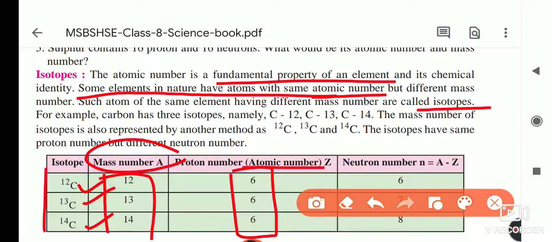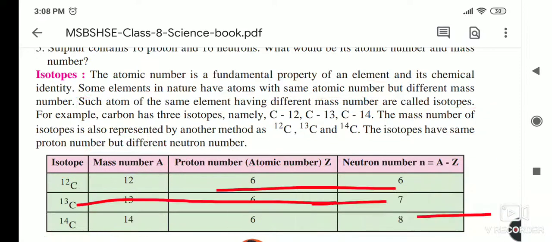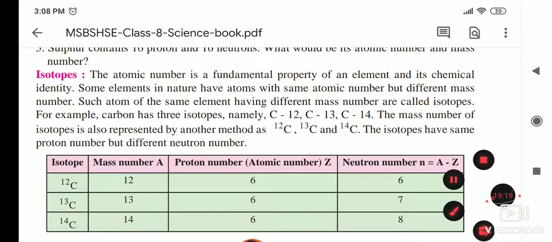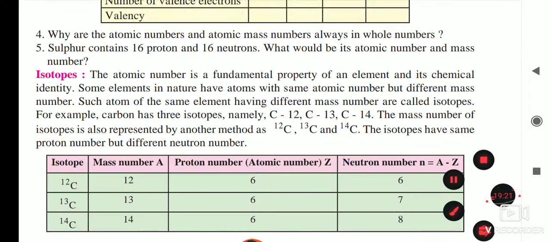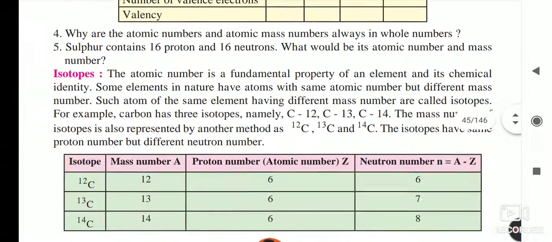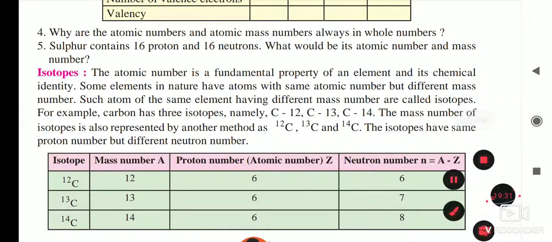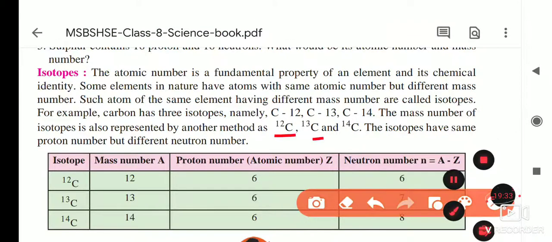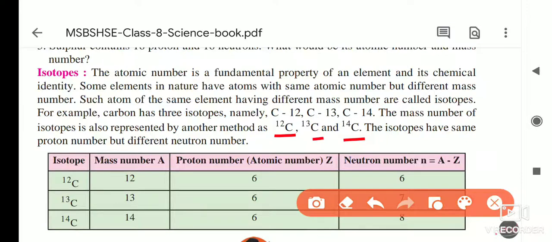So these are the isotopes of carbon, C12, C13 and C14. What do you understand from this? The elements which have the same atomic number but different mass number. The mass number of an isotope is also represented by another method, written on the left side, at the head of the element's symbol.